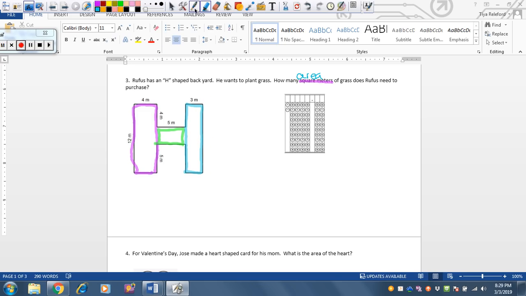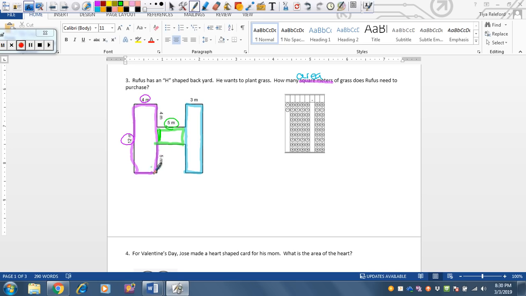So the tricky part is the missing measurements. You know this rectangle is 12 times 4. That one's the easy one. That's one I would do first. You know this one is 5. But what is this side length here?